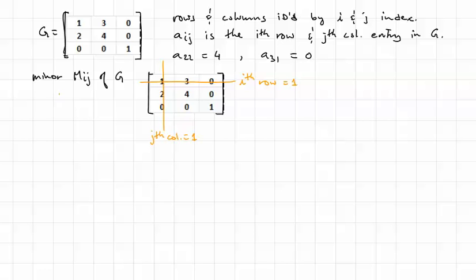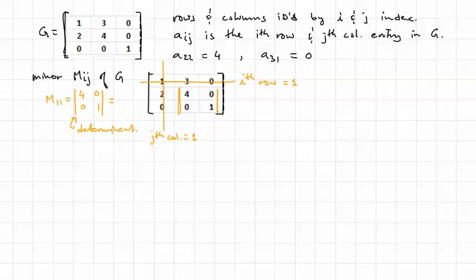That's 1 in this case because I'm going after M11. And what I'm left with is a matrix of order that is 1 less than the original one. So this is a 2 by 2. And the minor is the determinant of what remains. So in this case, the minor is going to be the determinant of 4, 0, 0, 1.